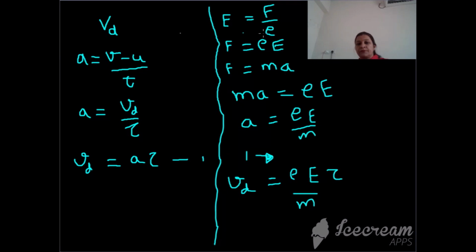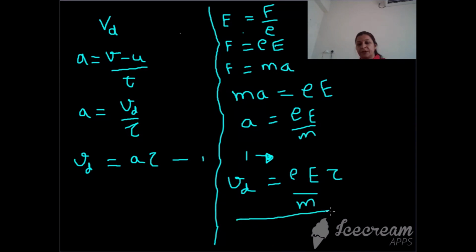With these two equations, we may write ma is equal to small e into capital E. So a is equal to small e capital E divided by m. Now put this value of acceleration in equation 1. So equation 1 becomes Vd is equal to small e capital E tau divided by m. This is the expression for drift velocity.